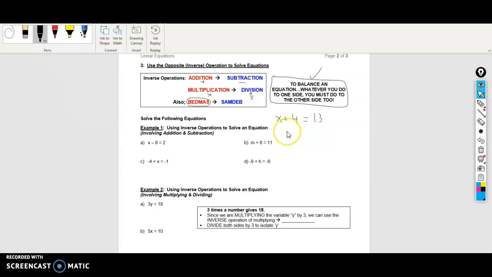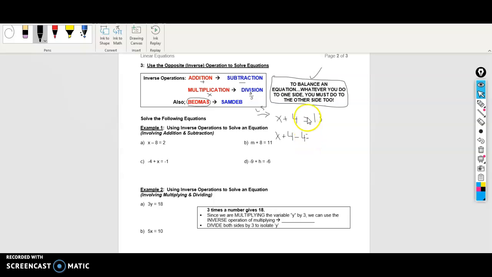And our goal is to isolate x, to get x alone. And I'm going to use the inverse operations method. So to get x alone on the left side, LS, I do x plus 4. That's already there. The inverse of plus 4 is minus 4.